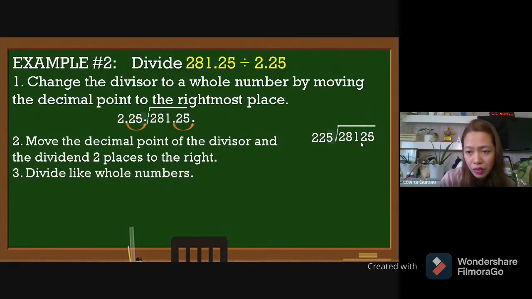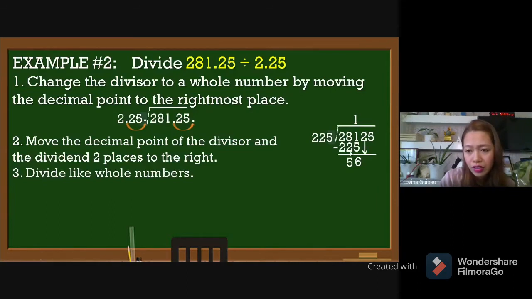281 divided by 225, 1. 1 times 225 equals 225. Let's subtract. 281 minus 225 is 56. Because this becomes 11, we borrowed 1 from 8. 11 minus 5 is 6. 7 minus 2 is 5.